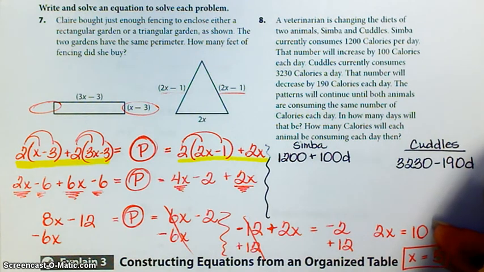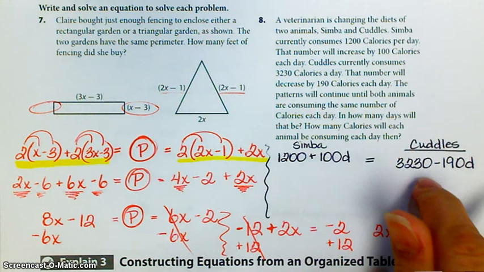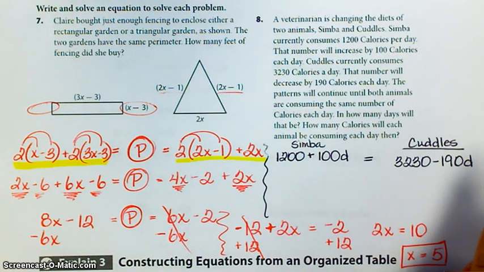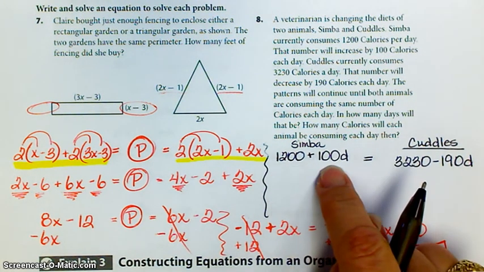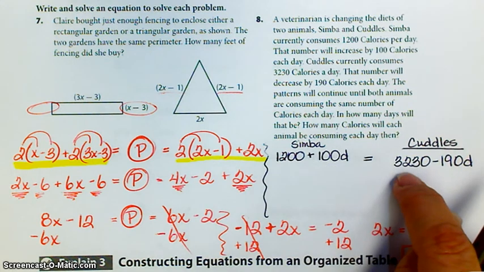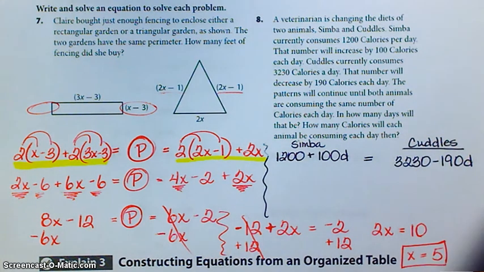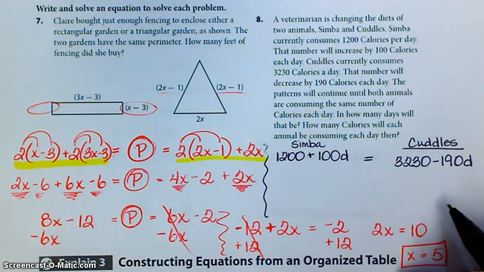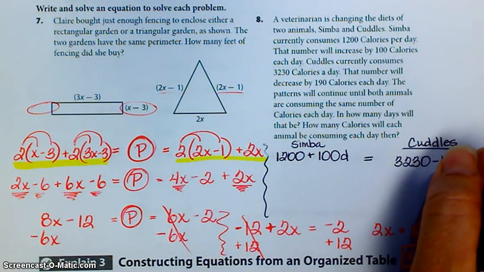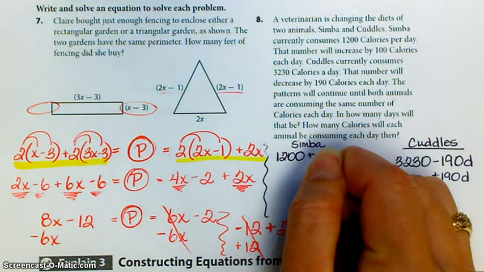And there is going to be some day that they are eating the same number of calories, okay? So if Simba starts low, but he's adding, and Cuddles starts high, but they're subtracting, there's going to be some point where those two things are equal, okay? So you've set them equal to each other. What you need to do is move your D's all to one side.